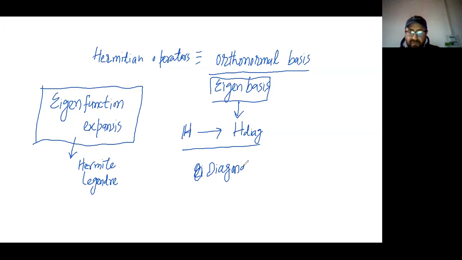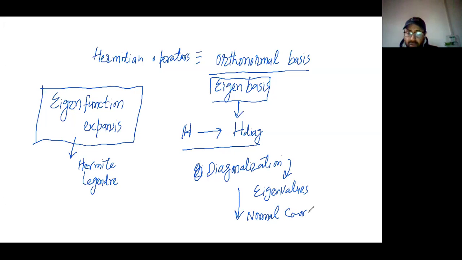Diagonalization is a process in which you get the eigenvalues of your operator. And how do we get that? You do transformations to that particular basis. I had given a name for them: we call them normal coordinates. You have to go to those normal coordinates, and when you get to the normal coordinates, your operator automatically becomes diagonalized.